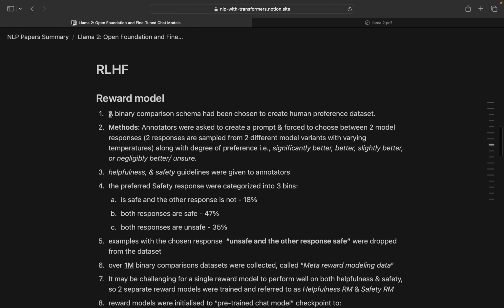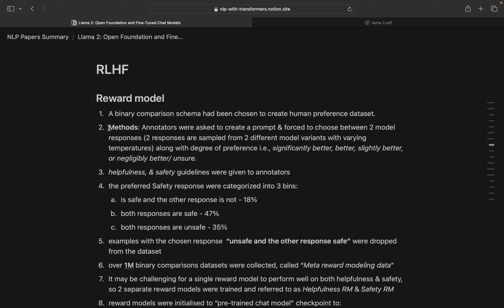Meta has followed a binary comparison where, given a prompt, you get 2 answers, and the classifier is trained in such a way that it will choose one response and reject the other. Since we have 2 options, that's called the binary comparison schema, and Meta has used this.